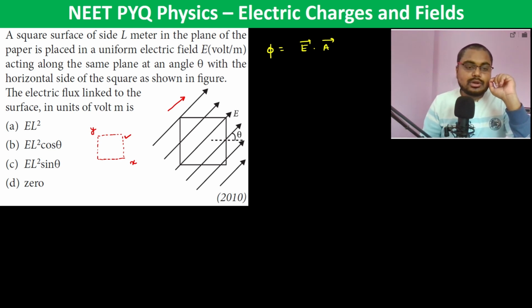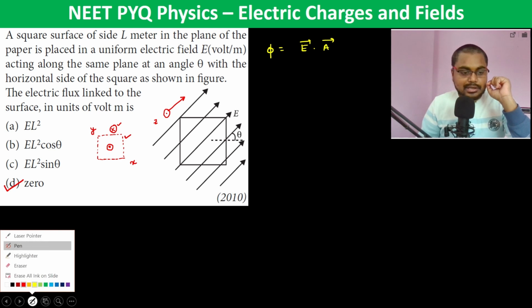So this is going to be in Z, like coming out of the plane of the paper, and it may even go inside the plane of the paper, but in both cases it is making an angle of 90 degree with the electric field. This is the Z direction and this is the XY plane, so it's going to be 0.